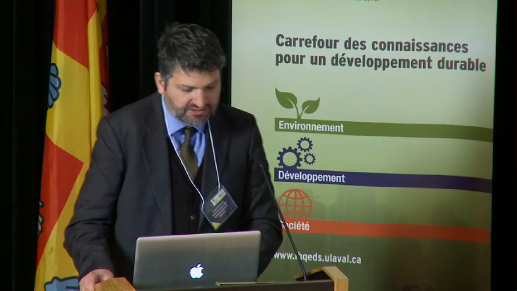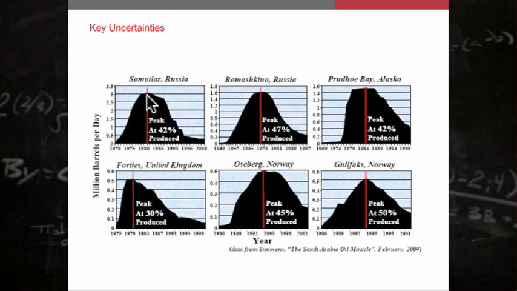The next key uncertainty is when it will peak. In Russia, the peak happens when 42% of the whole oil mountain was consumed. So when the cumulative production from the 1970s to the 1980s amounted to 42% of the overall oil mountain, we experienced the peak.